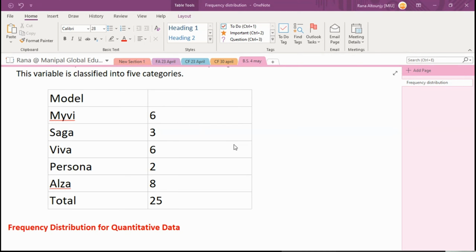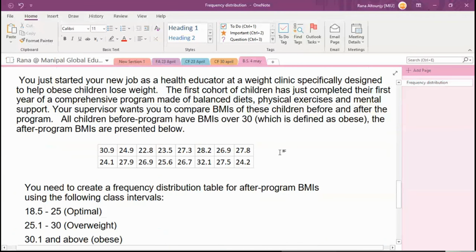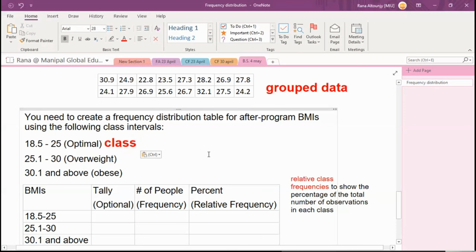Then, an interval that includes all the values that fall within 2 numbers, lower and upper limit, we call it a class. So this data, which is all our data, we call grouped data. And the interval that includes some data between upper and lower limit, we call a class.